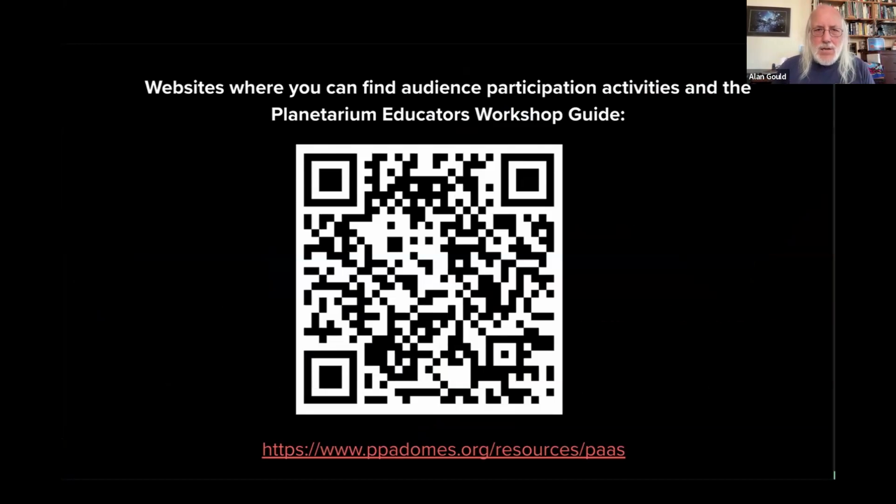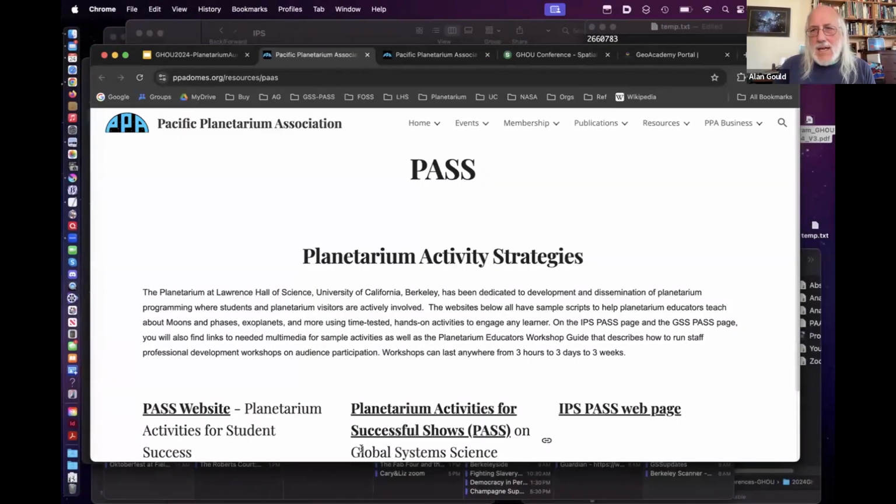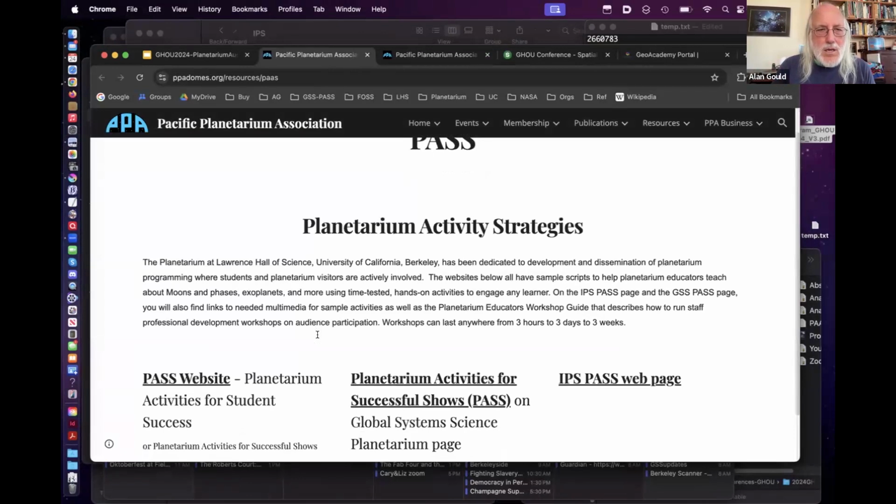And so here's this QR code, and I'll put this in the chat, actually. This link goes to a place, let me see, I clicked on it and it went there. So we're now on a web browser, and there are three sites that you can go to that have these planetarium programs.